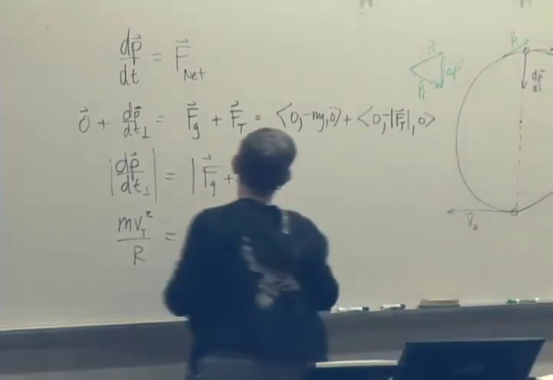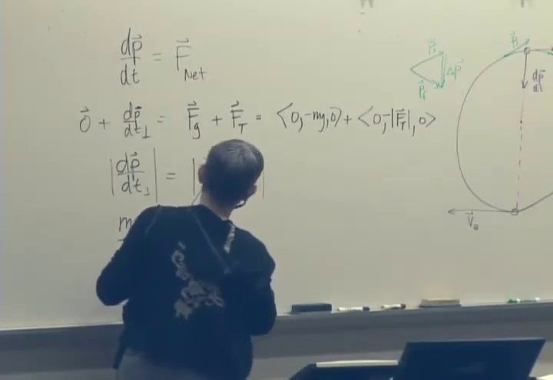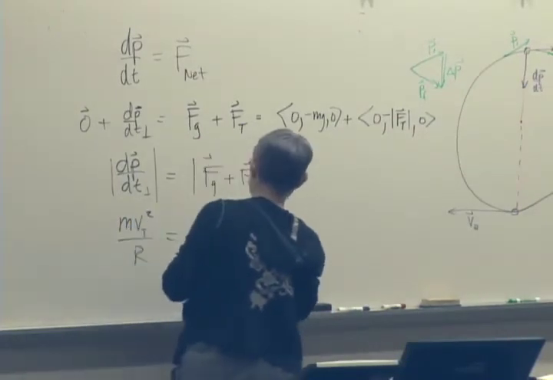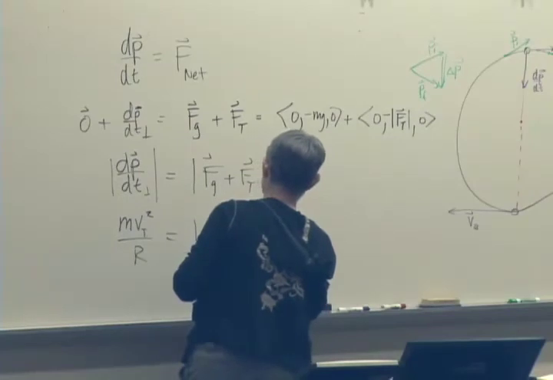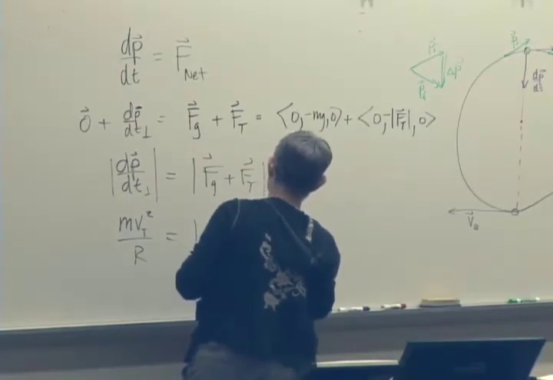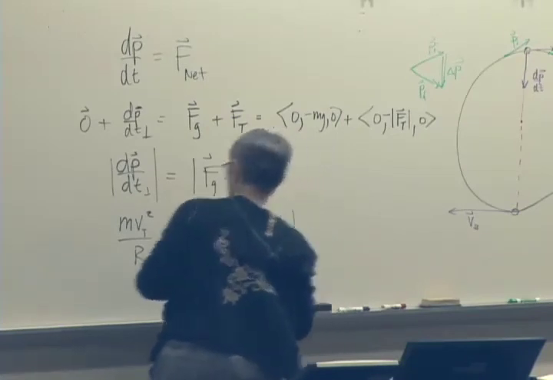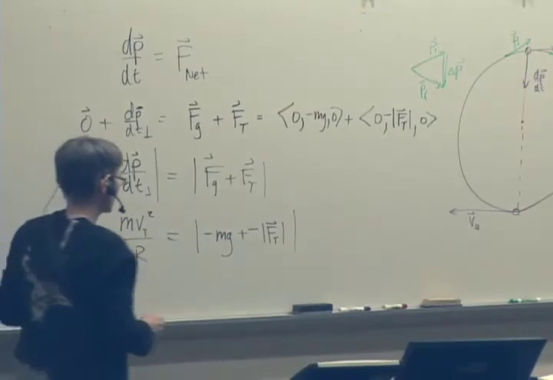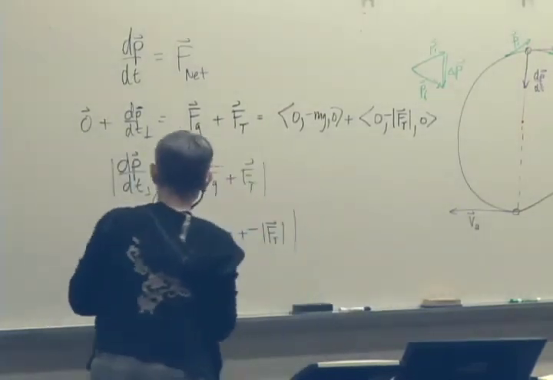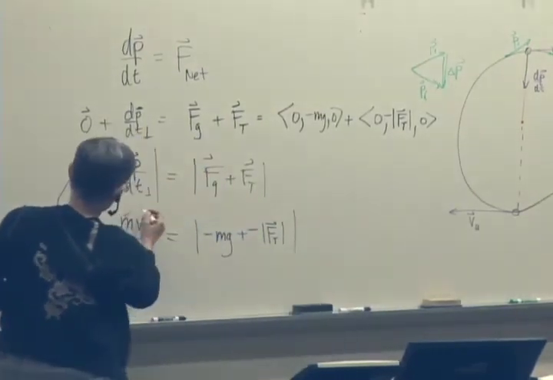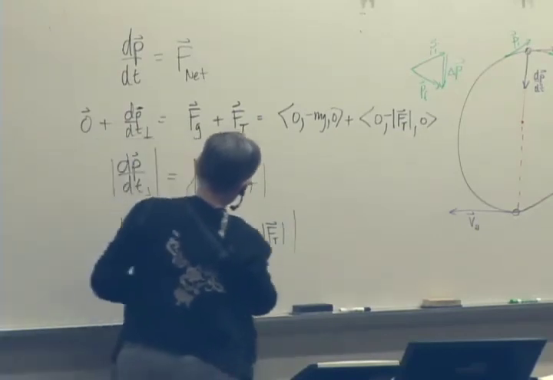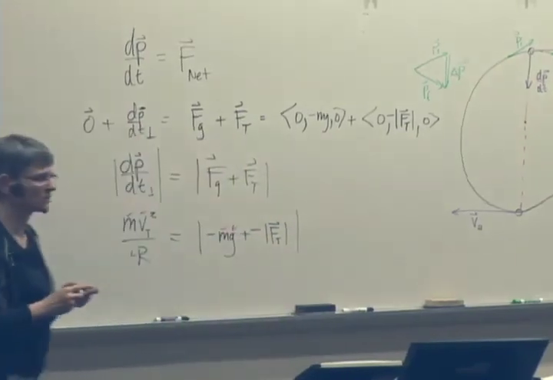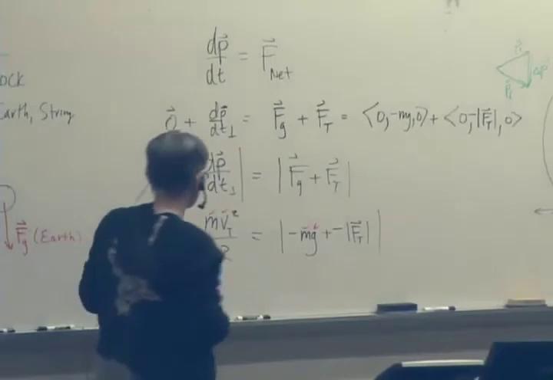So we have the absolute value of the gravitational force minus mg plus the tension force. And now we're in pretty good shape, aren't we? Because we know m and v and r and m and g, and all that's left is the tension force. So we can work it out.